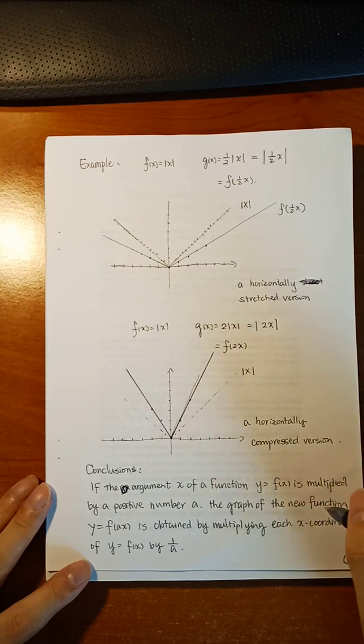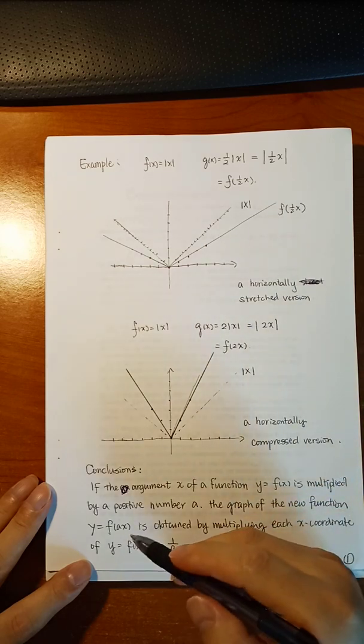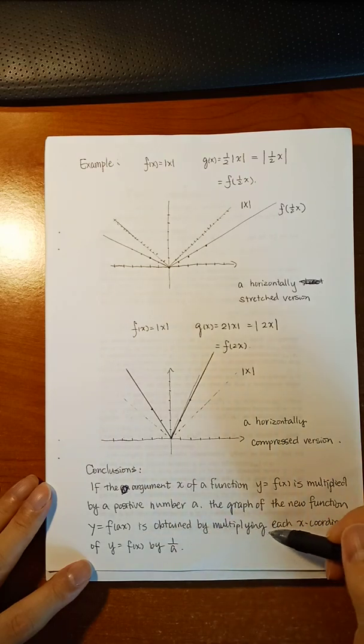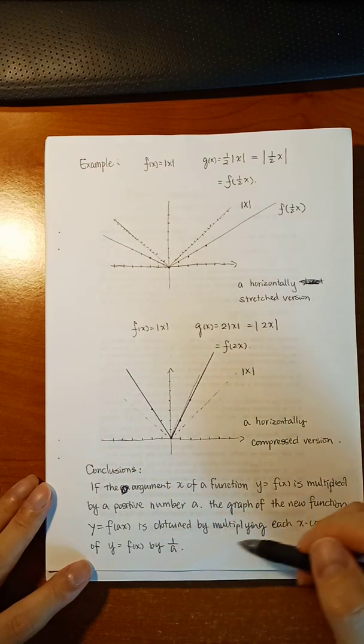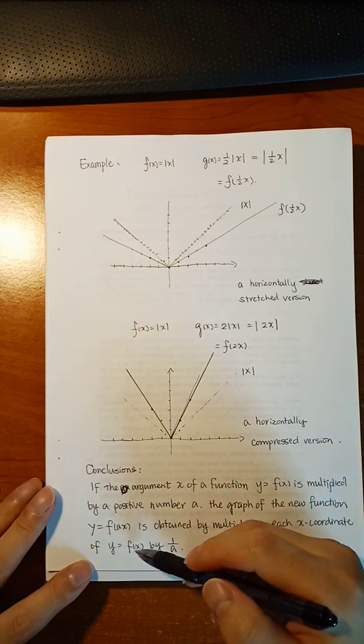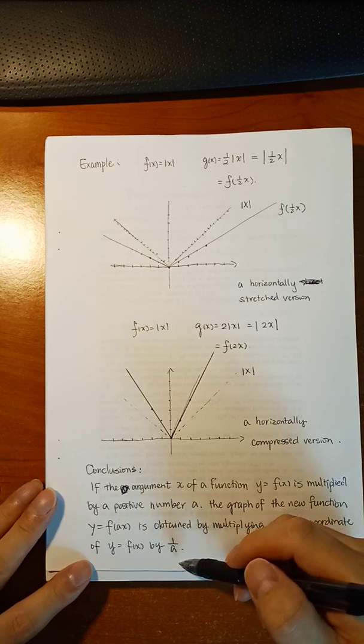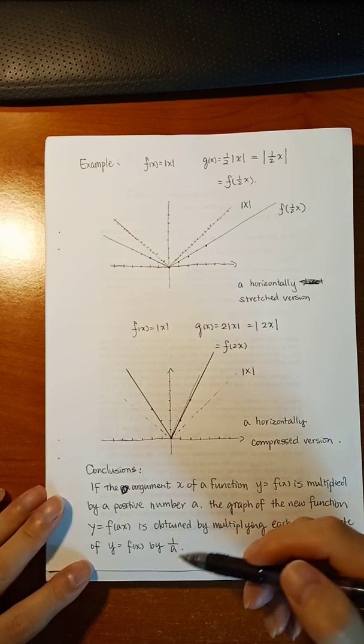The graph of the new function y equal to f of ax is obtained by multiplying each x coordinate of y equal to f of x by 1 over a.